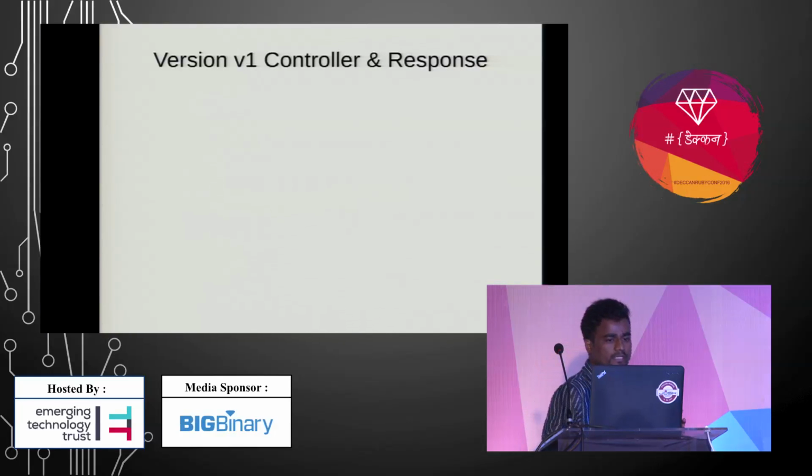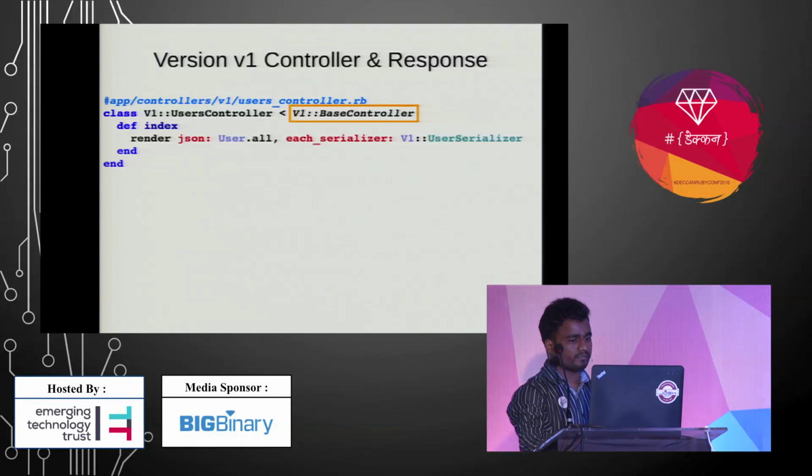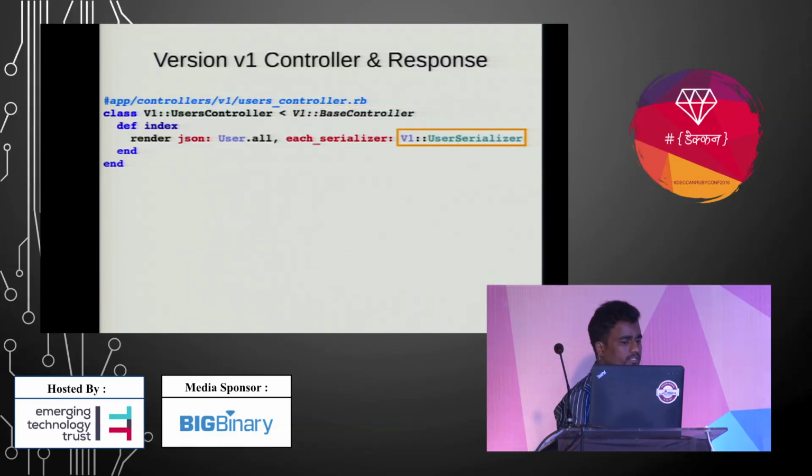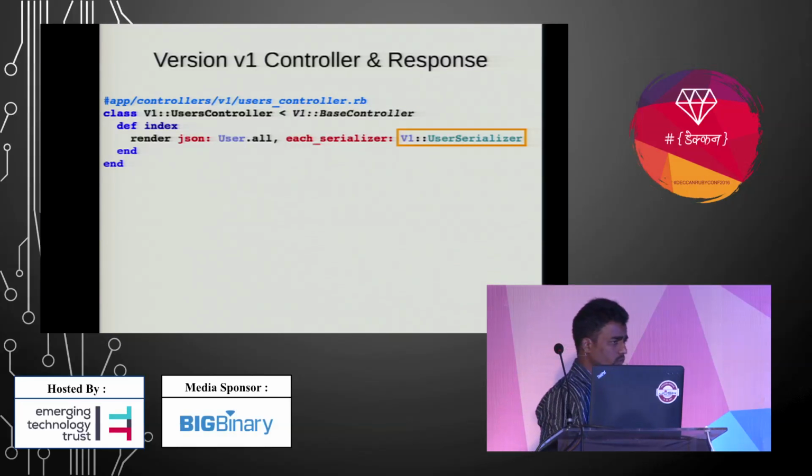After that, let's see how your version 1 controller and its response will look. You can notice here, version 1 users controller is inherited from version 1 base controller. And for responses, I am using Active Model Serializer. While developing APIs, you might want to control the fields that are being served to the client in the responses.